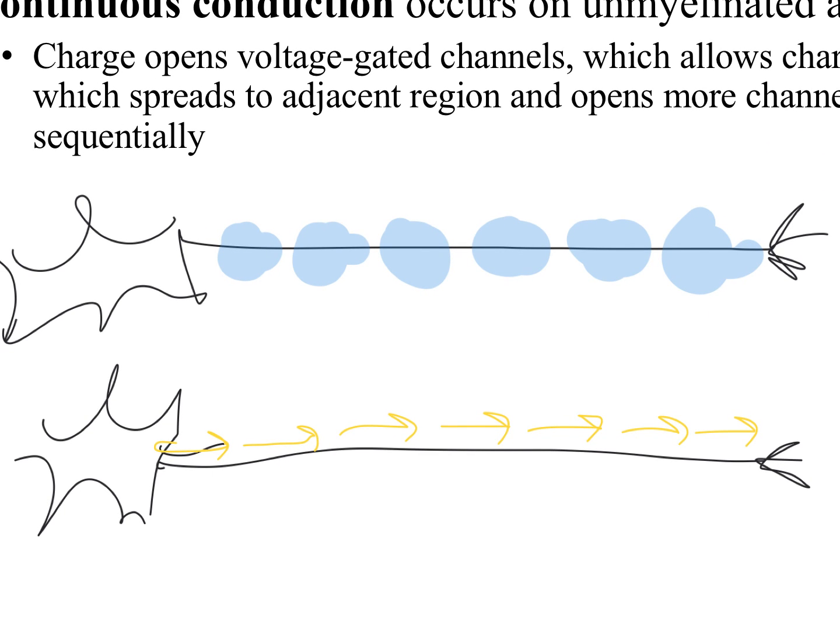Pretty straightforward, right? With a myelinated axon, the conduction is not continuous. It's what we call saltatory. It jumps from one part of the axon to the next.